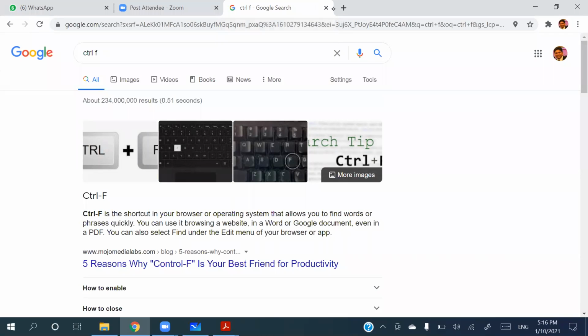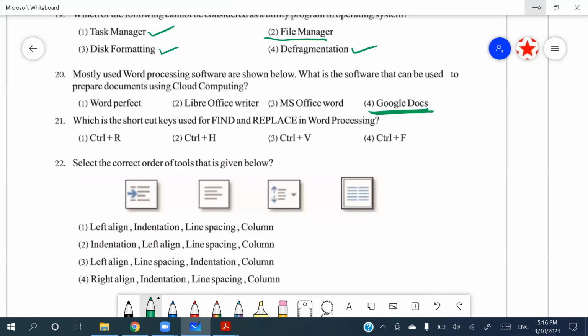Yeah, even it can be used to find the words, but yeah. So you can go with both answers. So either you can take it as the second and you can take it as the fourth, right?